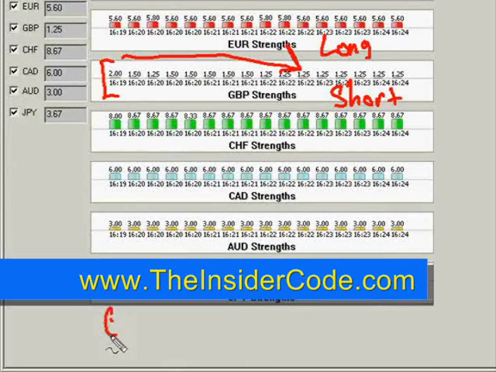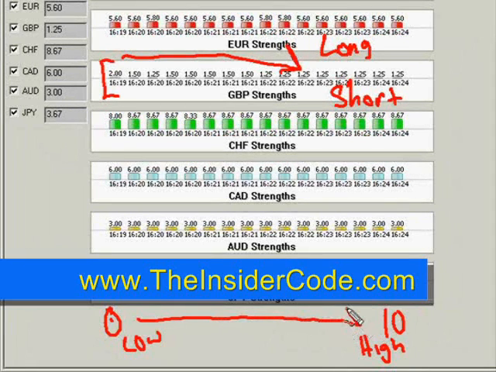Remember, this is on a scale from 0 to 10, 0 being low, 10 being high. So the stronger the strength, the more well-developed and the more active the trend has become.